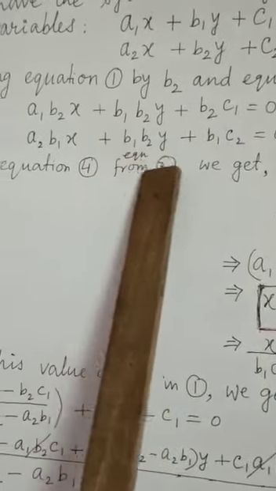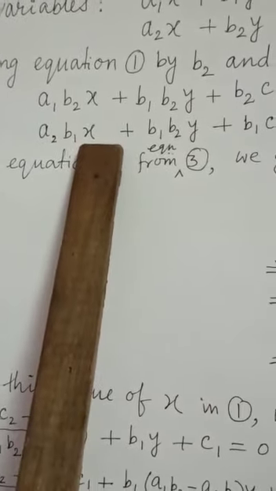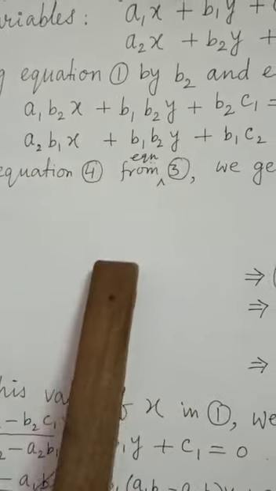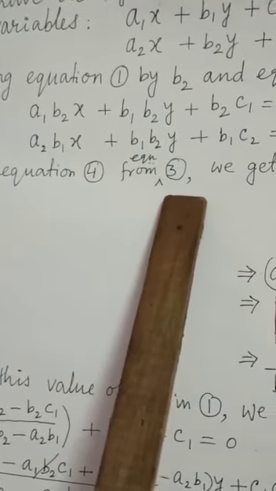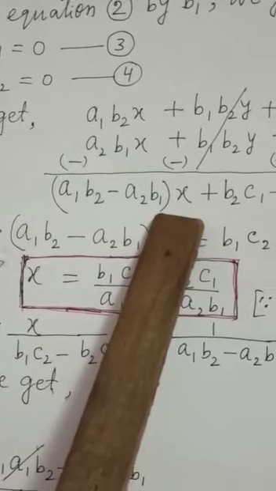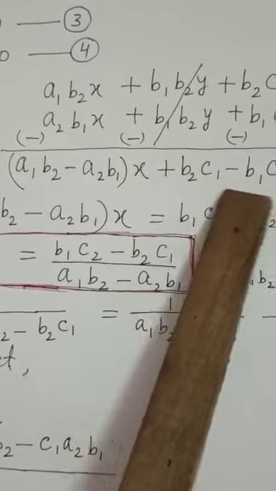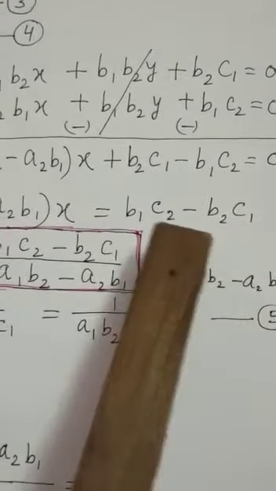Now here both the y terms have the same sign, plus sign, so in order to eliminate y we will subtract. So subtracting equation 4 from equation 3, we get a1 b2 minus a2 b1 whole into x plus b2 c1 minus b1 c2 is equal to 0.